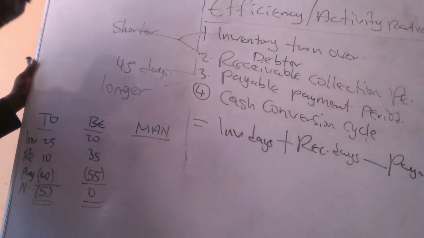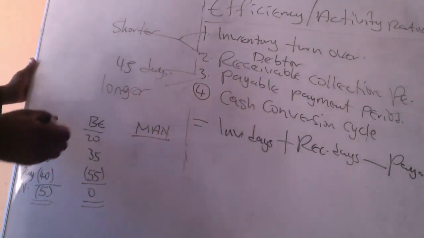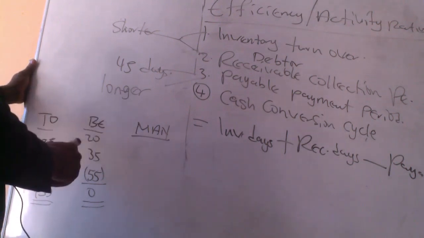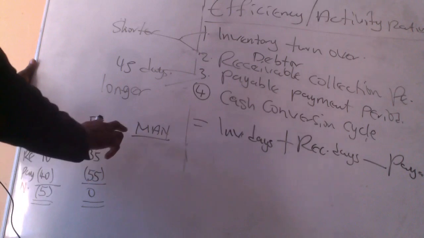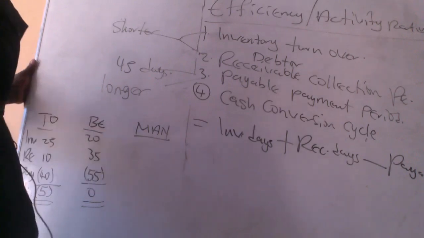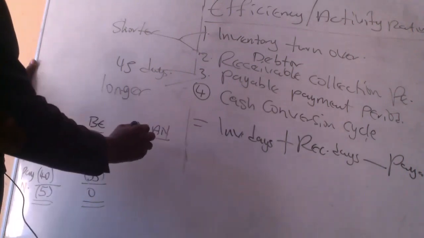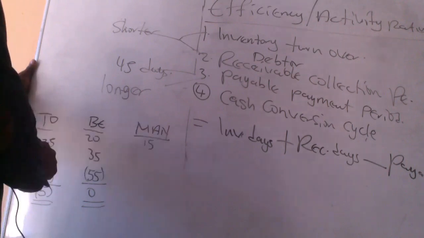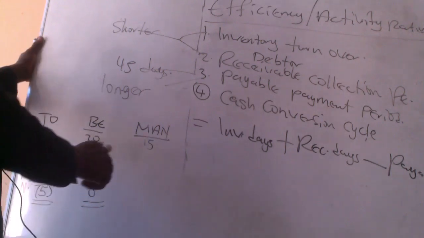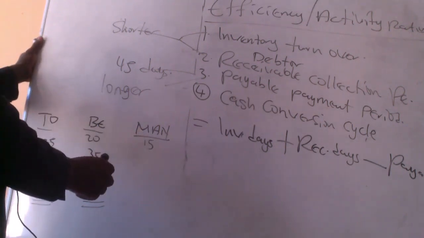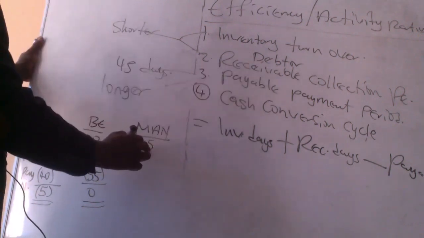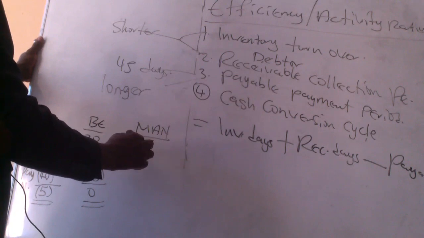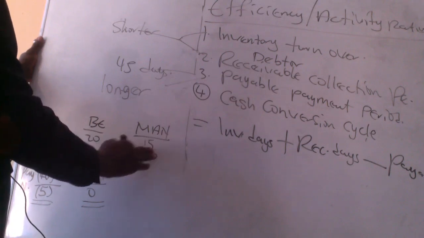Now be with me. I'm doing the example with you, so take notes. Now, when it comes to Man, it's not easy. Man has 15 days for inventory days, and Man has a receivable days of also 20 days. Good.